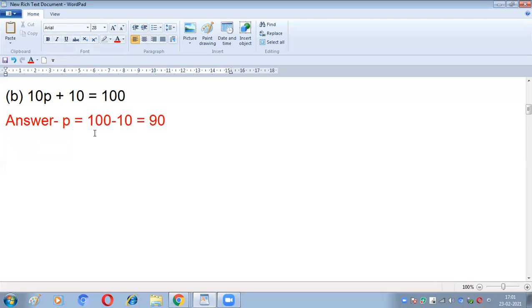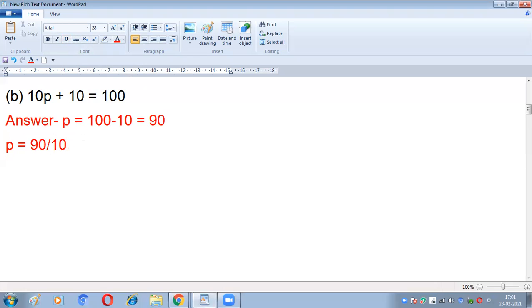Now we will find the value of p, because 90 is not the exact answer. The 10p has a multiplication sign, so if 10 moves to the right hand side we get 90 upon 10.